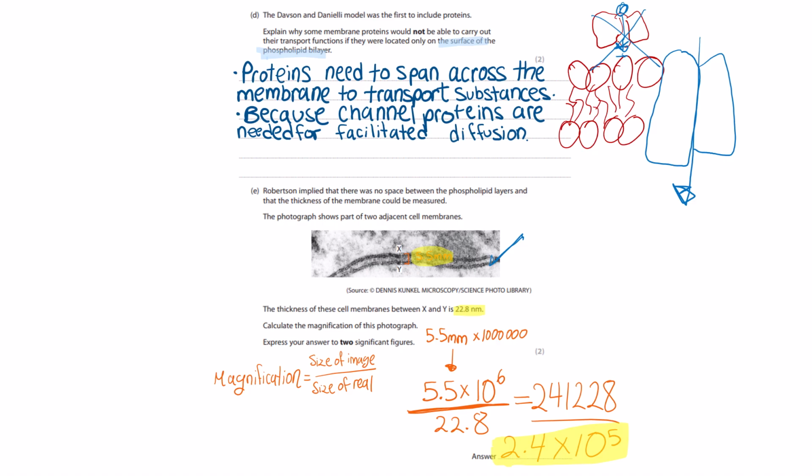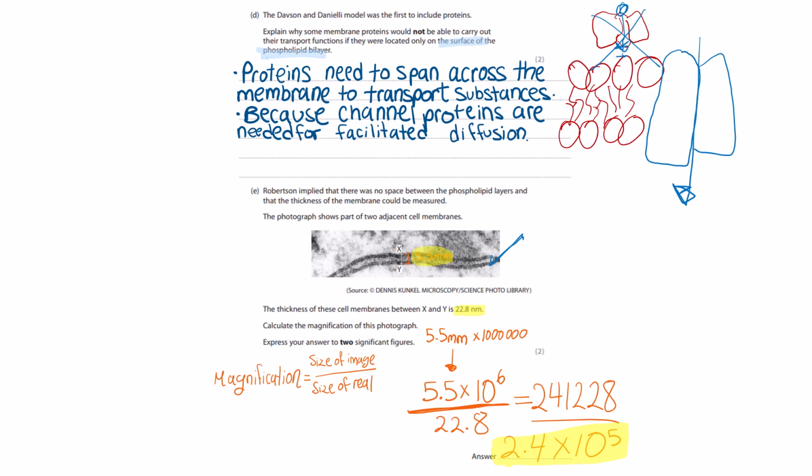Okay, so the thickness of these cell membranes between X and Y is 22.8 nanometers. Calculate the magnification of this photograph. Express your answer to two significant figures. Okay, so magnification is the size of the image divided by the size of the real.